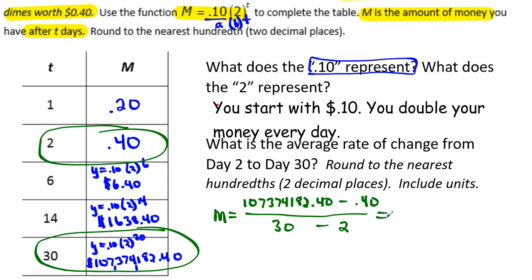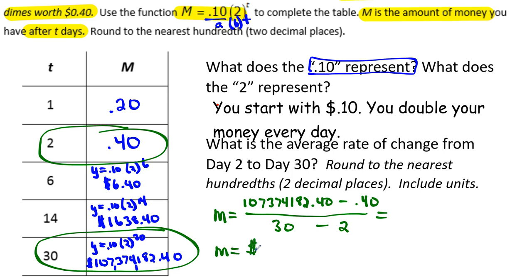And again, I would just use my calculator for this because why not? It's big numbers. I want to work not as hard. I want to work smarter. So I press the fraction button because that's what this whole thing is, a fraction. And I would just put the top numbers in there. And then the bottom, 30 minus 2. And we're going to get this as our rate of change. I'm going to put it down here because I need more room.